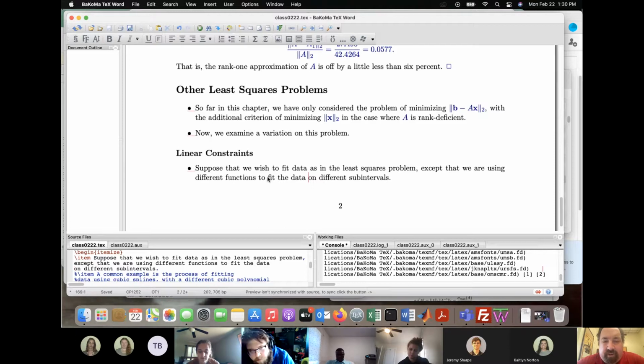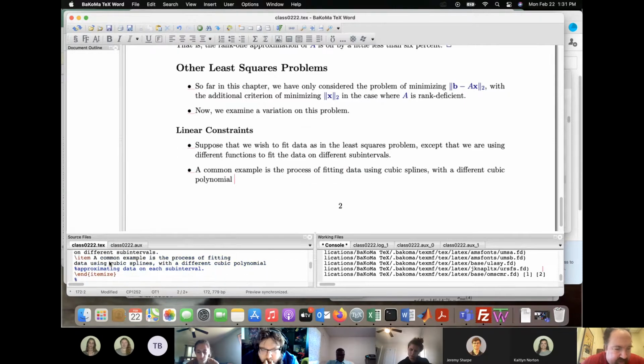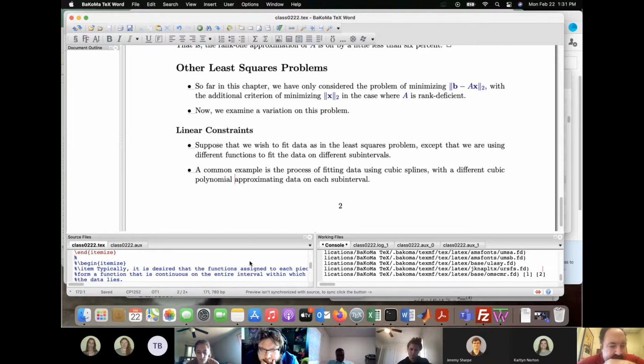But what if you're trying to use different functions to fit the data on different subintervals? So maybe you want to use a linear in one case, a quadratic in another part of the domain. One example that comes up in numerical analysis classes, some of you saw this last semester, is fitting data using cubic splines, a different cubic spline for each subinterval.